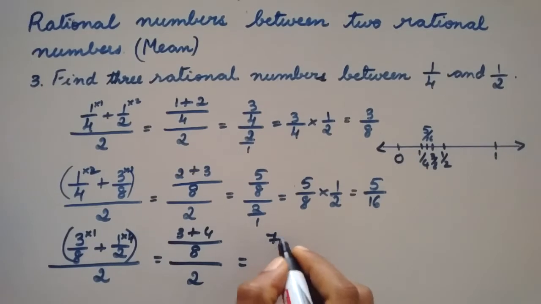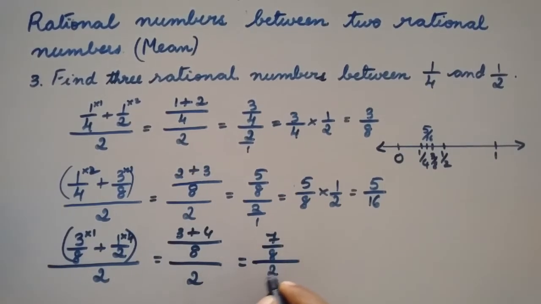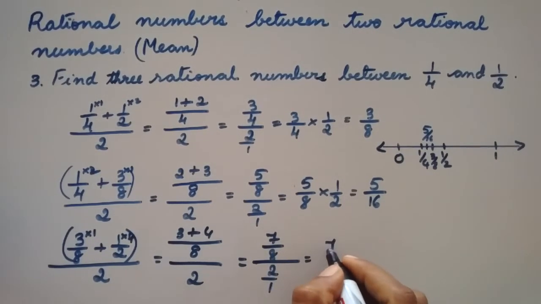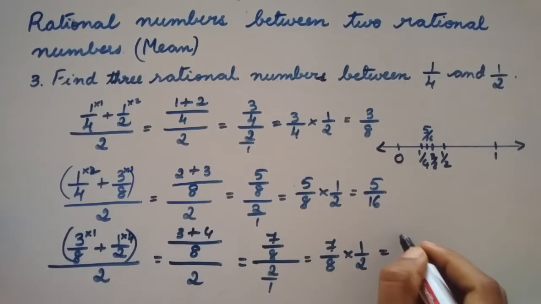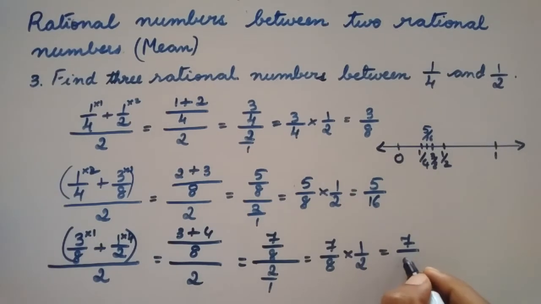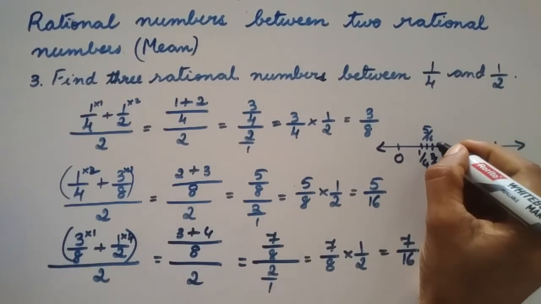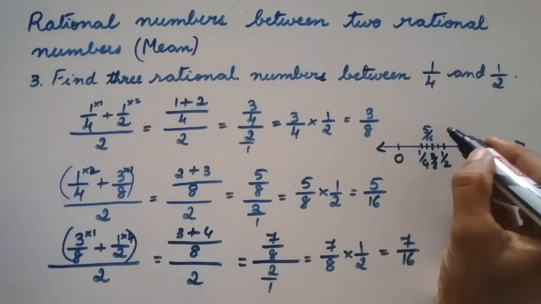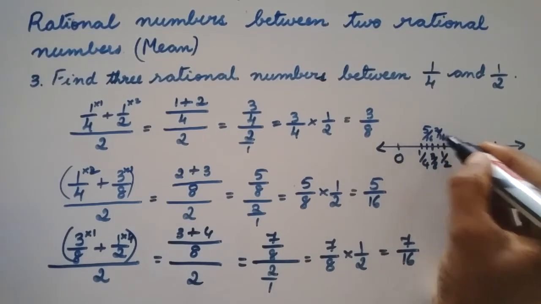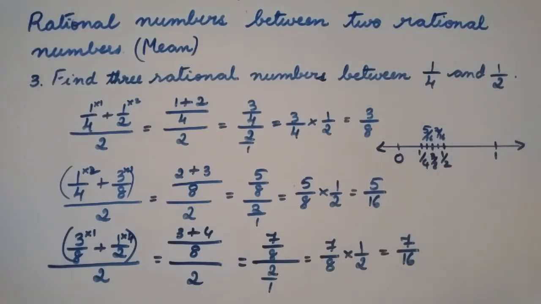So 3 plus 4 is 7 by 8 by 2 by 1, which is equal to 7 by 8 into 1 by 2, which is equal to 7 by 16. So 7 by 16 lies between 3 by 8 and 1 by 2. So this is 7 by 16. So this is also a rational number which lies between 1 by 4 and 1 by 2.